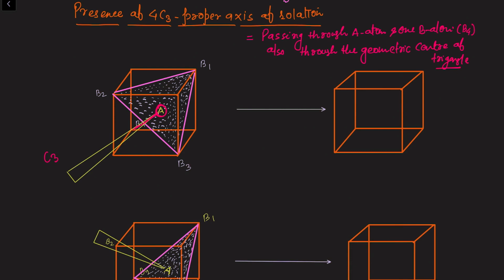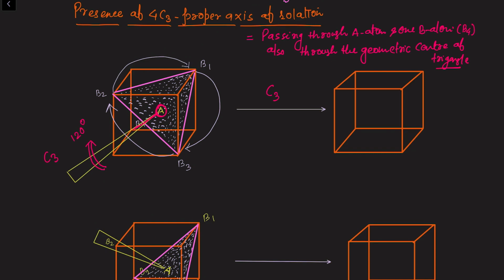This is your C3. So now perform the first C3 operation about this C3 proper axis of rotation and rotate this molecule in this direction. Be careful with the direction. I am going to rotate this molecule by 120 degrees, right? When you rotate this molecule by 120 degrees, what will happen? In this direction we are rotating. So B1 will interchange its position with B3, B3 will interchange its position with B2, and B2 will interchange its position with B1.